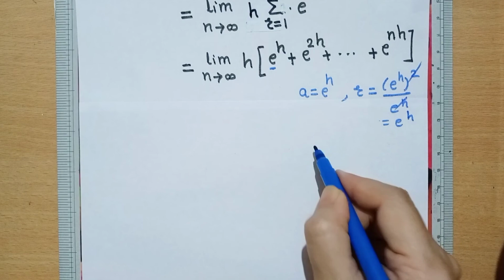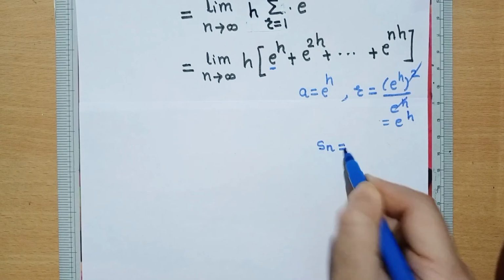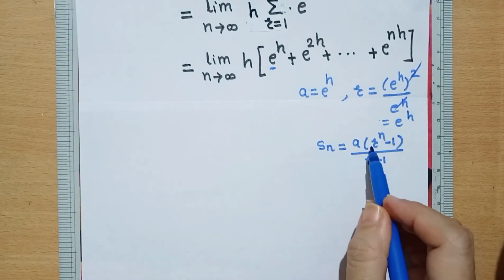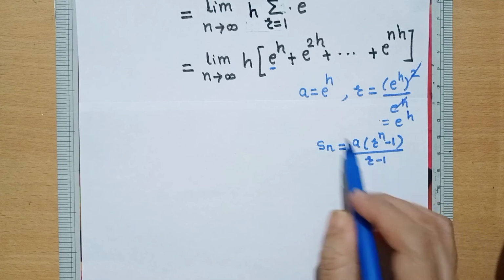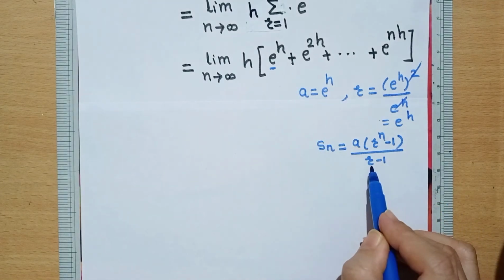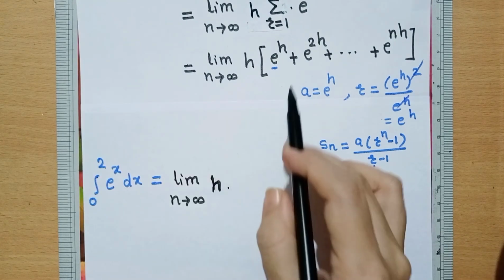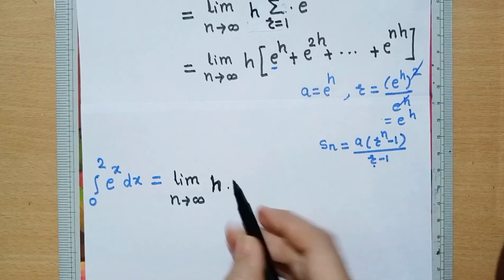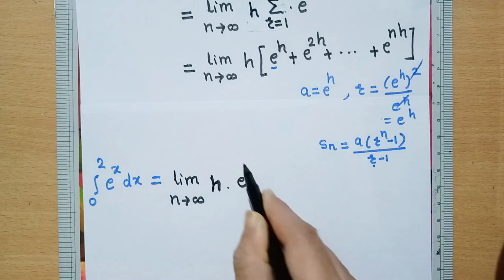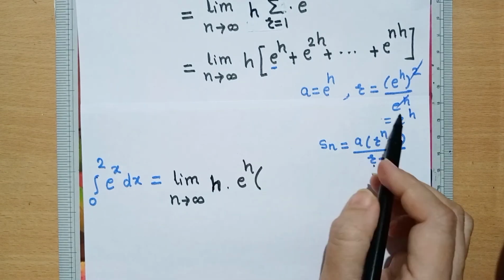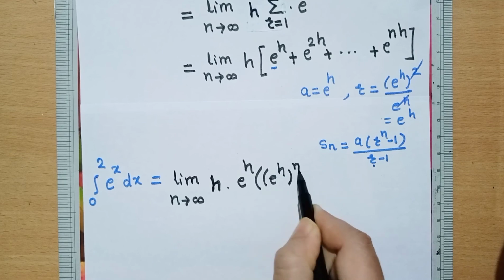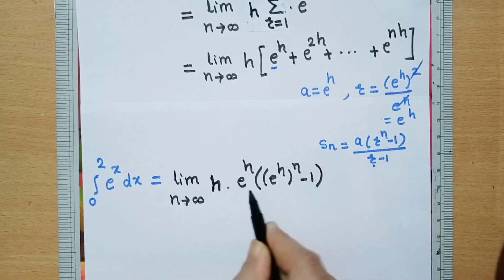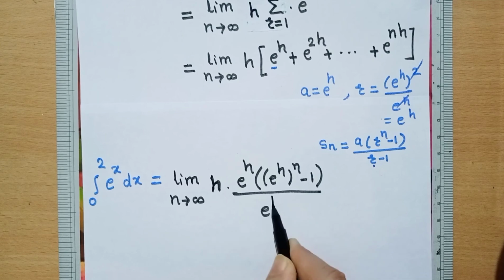So we will use here the formula for Sn as Sn equal to a into r raised to n minus 1 upon r minus 1, because here r is greater than 1. And now we will use this formula here. So first term is e raised to h, and then r means again e raised to h, again raised to n, and then minus 1 upon e raised to h minus 1.